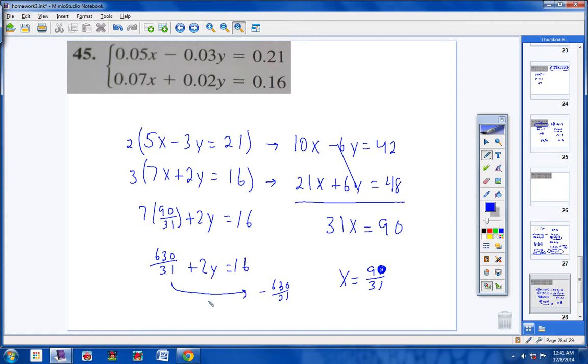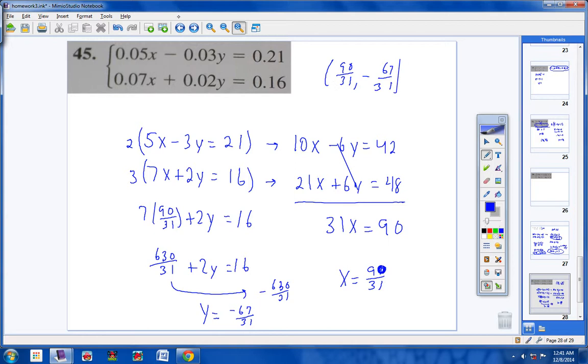And then divide by 2. Now if you do all of that correctly, using the fraction button on your calculators, you should end up with negative 67 over 31. Okay, so here's your answer, 90 over 31, comma, negative 67 over 31.